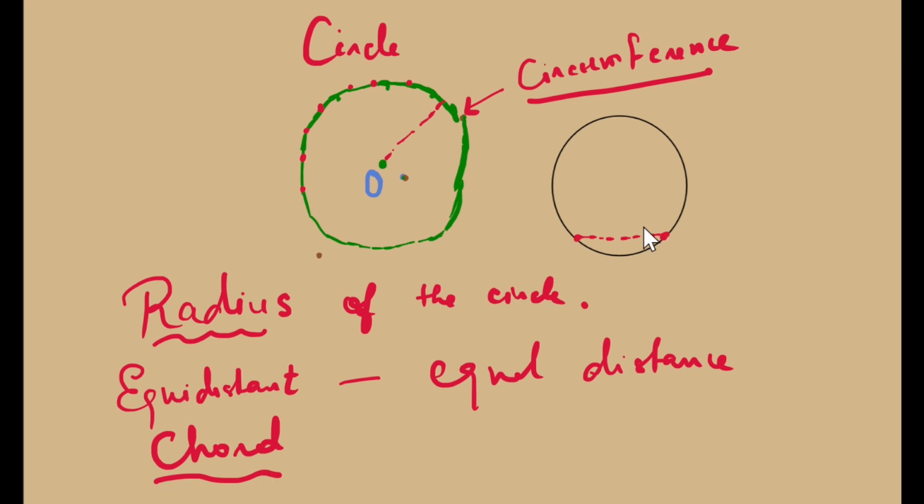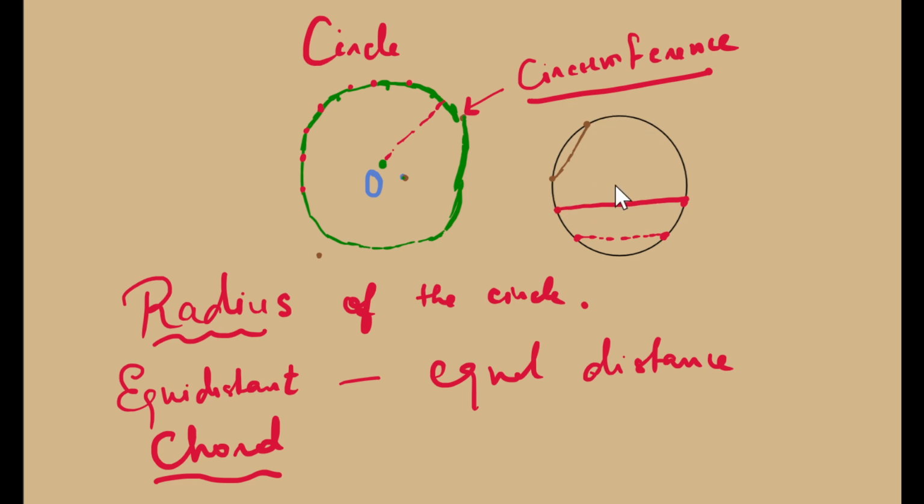These points can lie anywhere. It can be here and here, and if you join this, you get a chord of a little bigger length. The length is greater than the previous one. And let me draw this brown chord from here to here. So this is also a chord because it connects 2 points on the circumference.